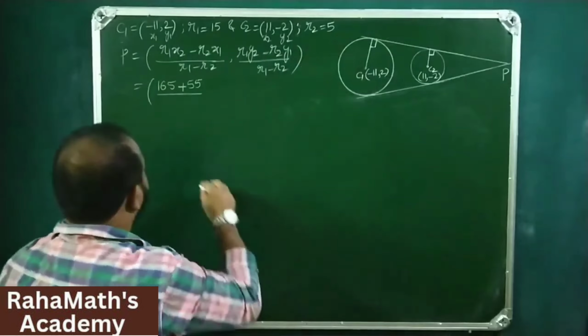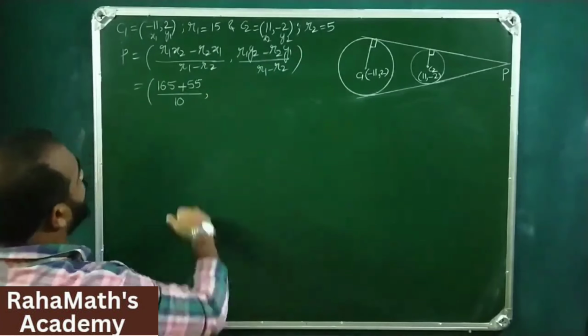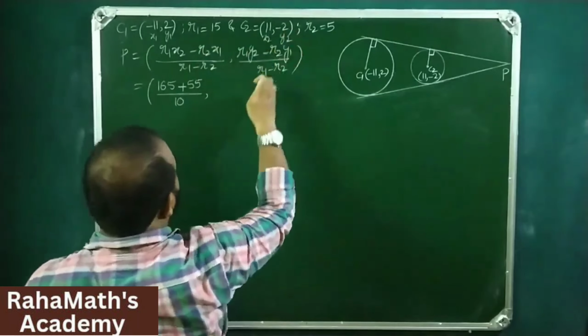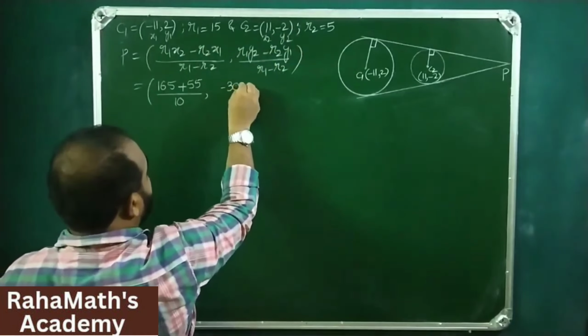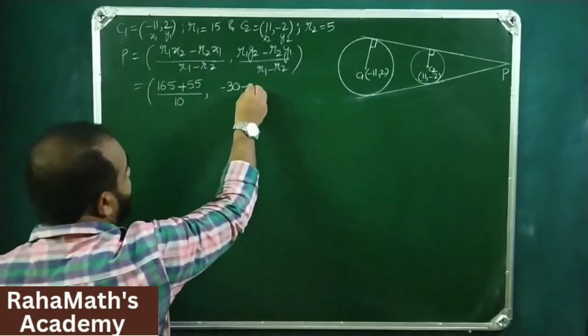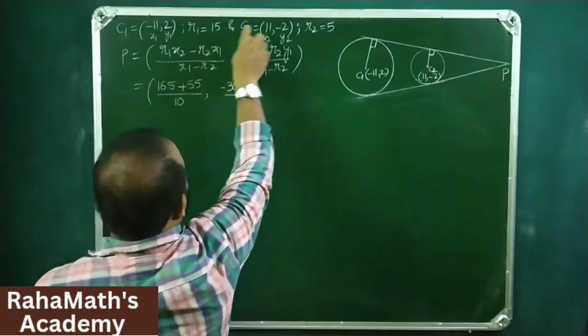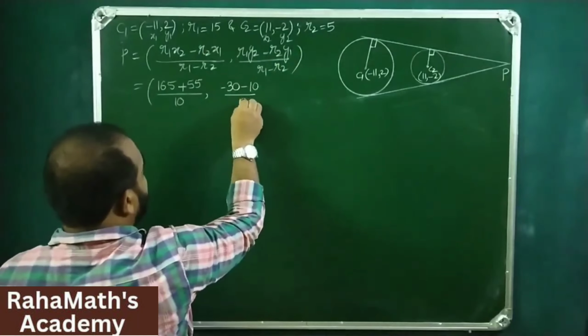15 minus 5, 10, comma. R1 y2: 15 into minus 2, so minus 30, minus R2 y1: 5 into 2, 5 2s are 10, by R1 minus R2, so 15 minus 5, which is 10.